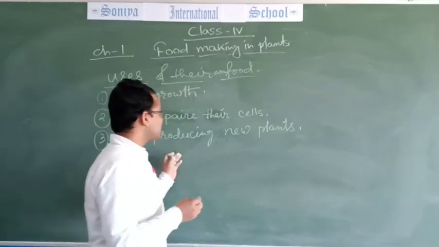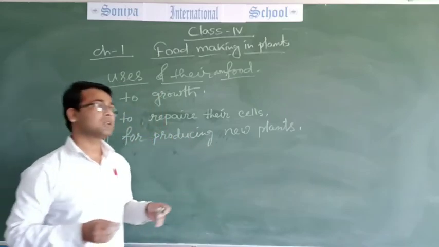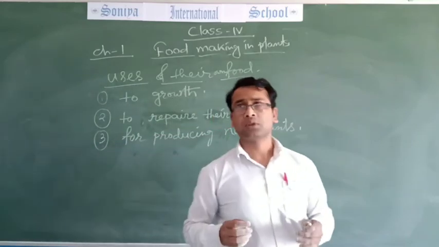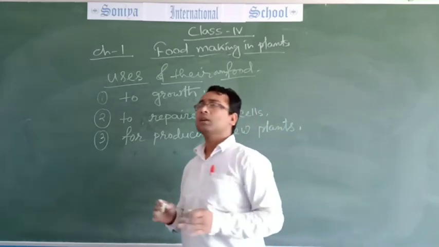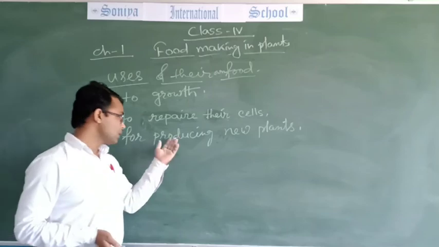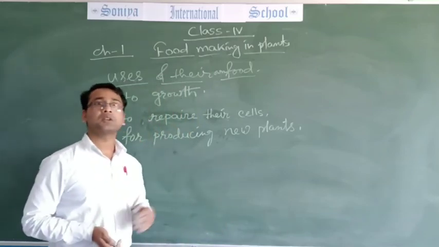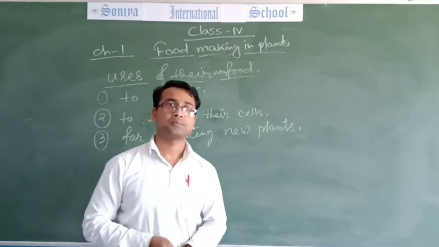The excess food is stored for future use. This stored food is called starch, and starch is found in leaves, roots, stem, fruits, seeds, etc.